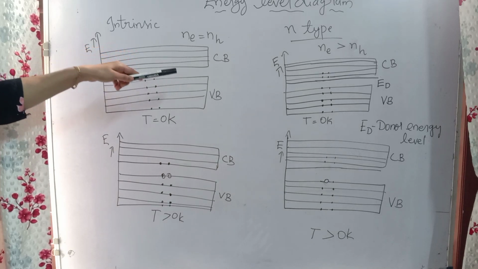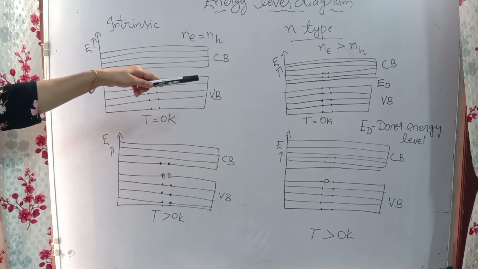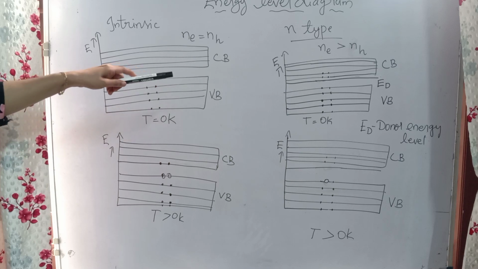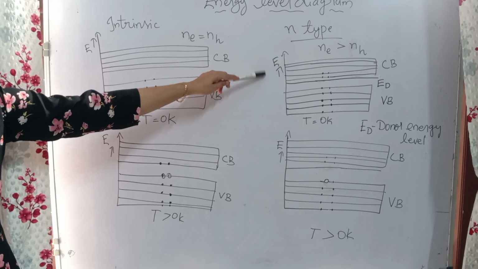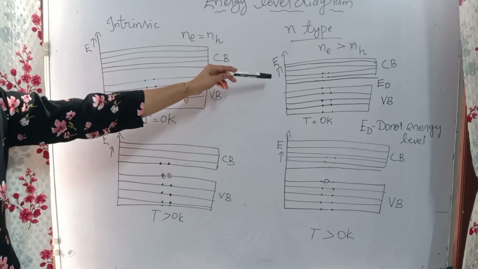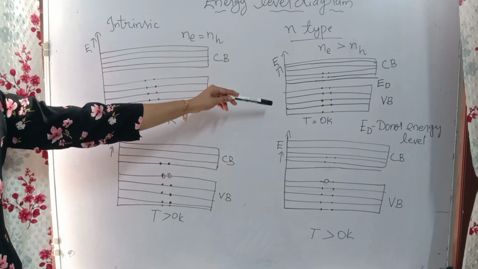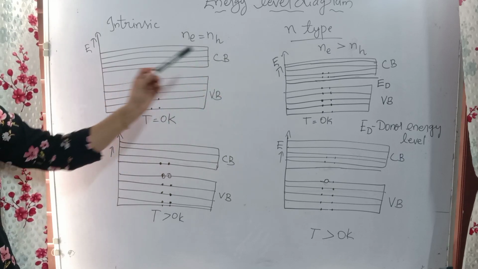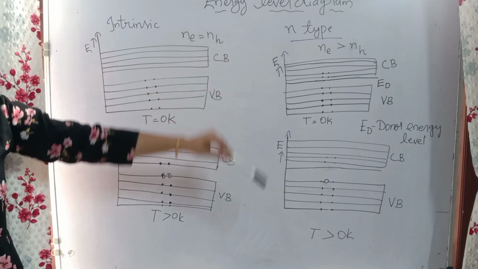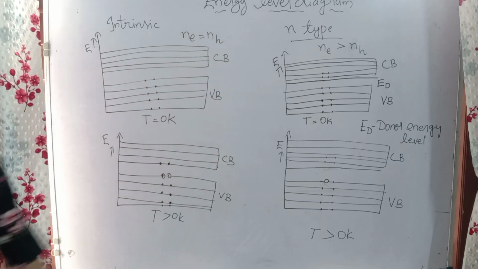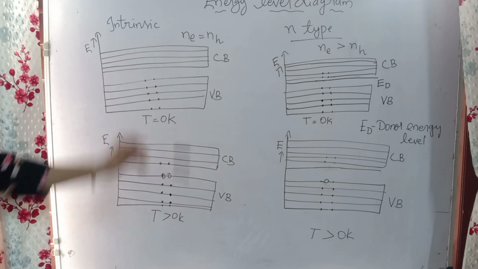Because we are adding donor impurity, right? That is why we are getting some electrons in the conduction band also. So instead of an empty conduction band, here we have some electrons. Okay, that is at 0 Kelvin. That is only because of the impurities.